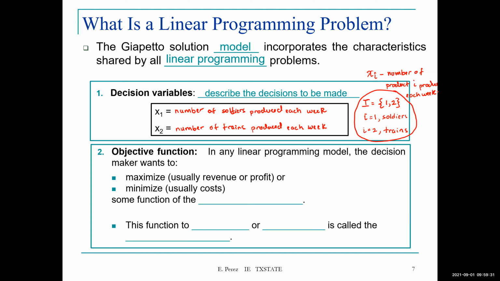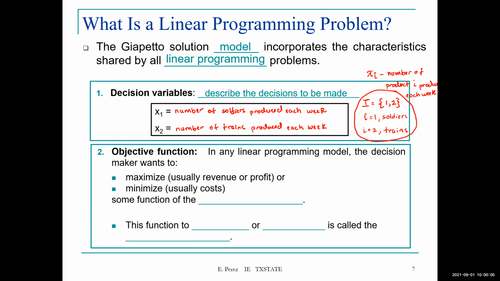So you're going to define an objective function, which is a linear equation that is going to guide your decision based on what you want to get from the solution. If your objective is to maximize the profit, your objective function is going to be defined in that way. If your objective is to minimize the cost, that equation is going to be represented in that way.